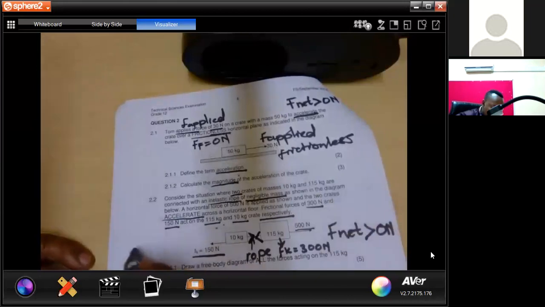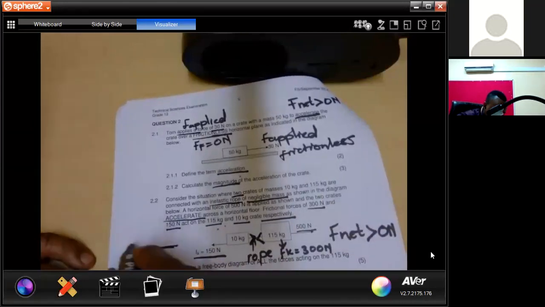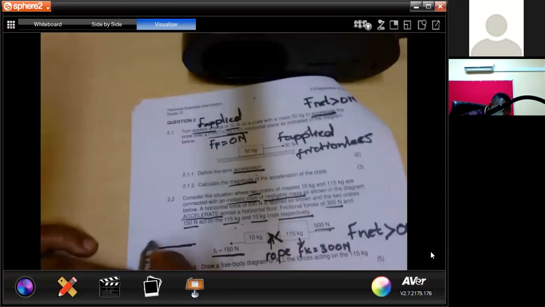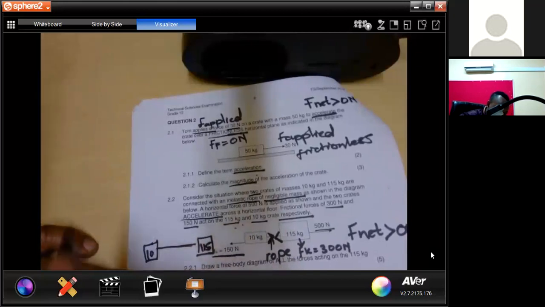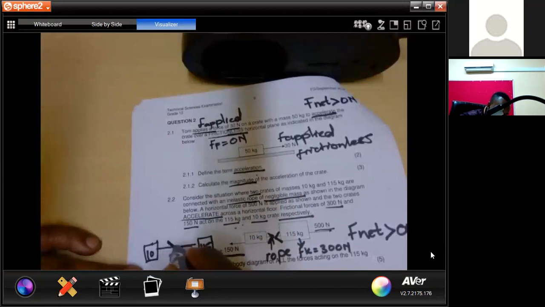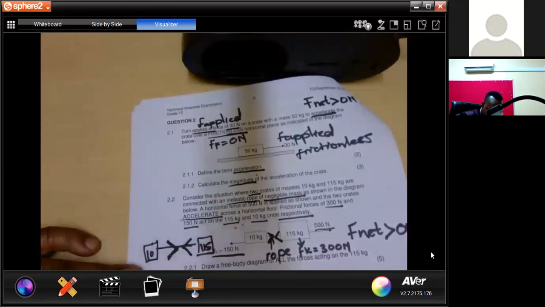What you need to do is just, okay, I will redraw the string. And there you have your 10 kg and there you have your 115 kg. All you have to do is make two arrows face each other, if you do it this way. So the two arrows are facing each other. So that already tells you the tension on the rope.